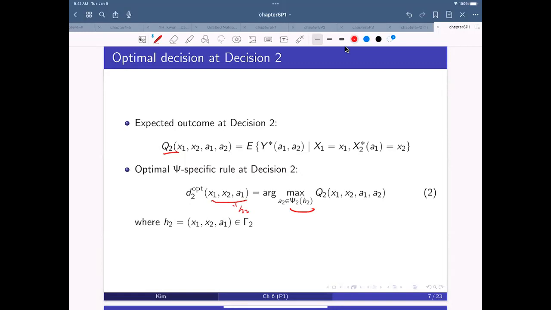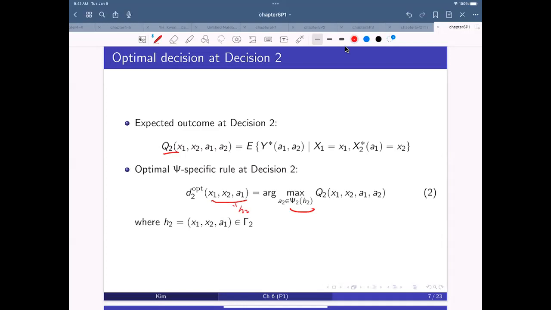Now, H2 is defined based on the observed data. Actually, this is a function of the possible history.